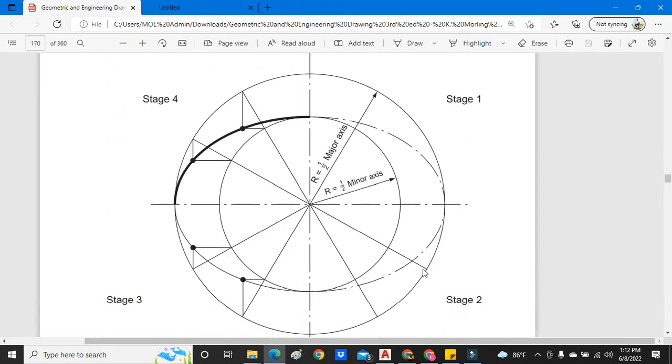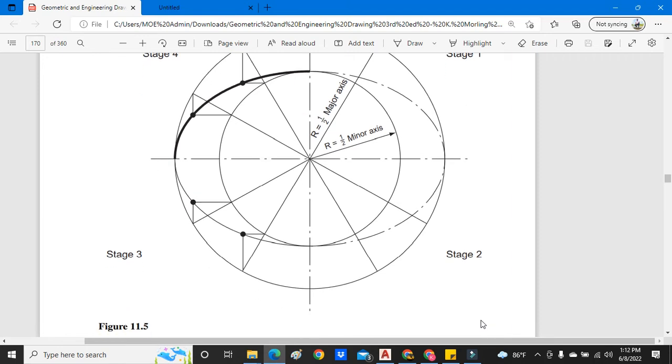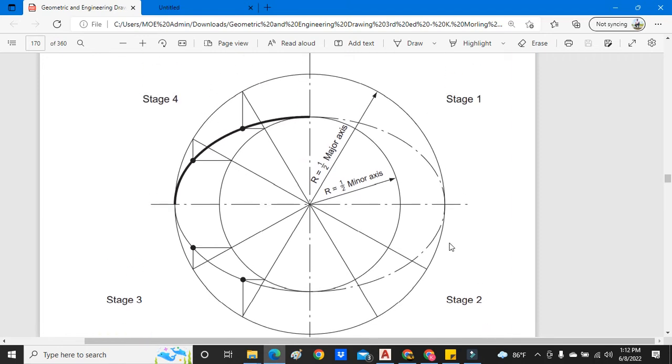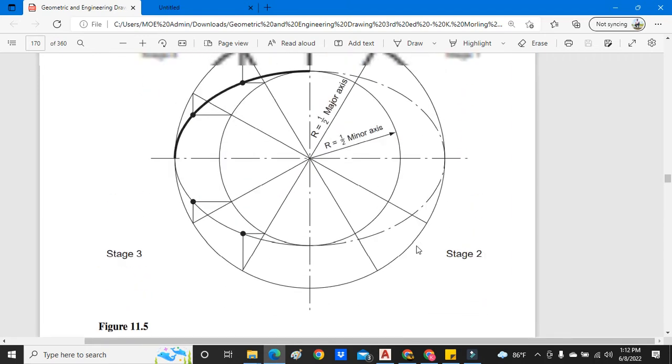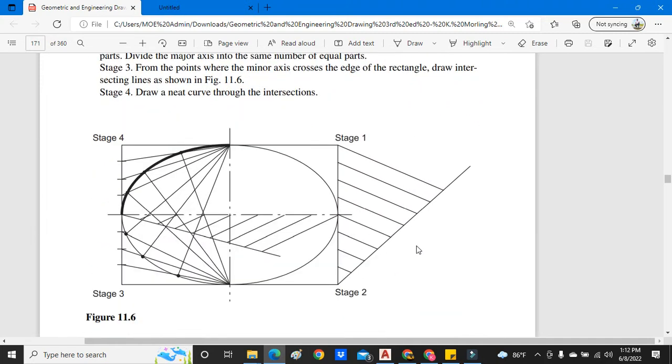What method is this that we just did? All right, and this is the method that we're doing here. Rectangular. All right, so how many divisions do we have to make for this side?